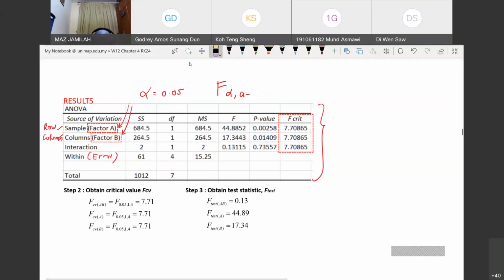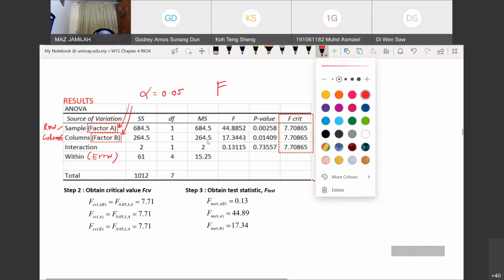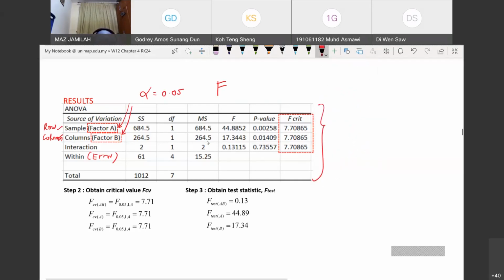Just take it from your table, it will be easier. From the table we take the degrees of freedom. For the interaction AB, the interaction is 1 and the error is 4. That's why we have 1 and 4. This is for AB, and this is for error.